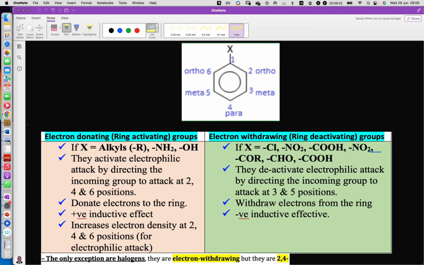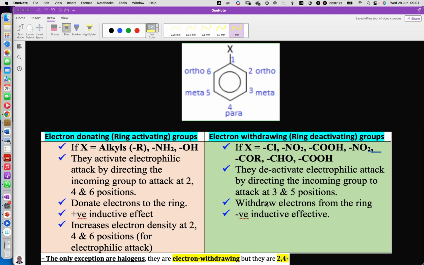Examples are halogens, the nitro group, the carboxylic acid group, and the aldehyde groups.